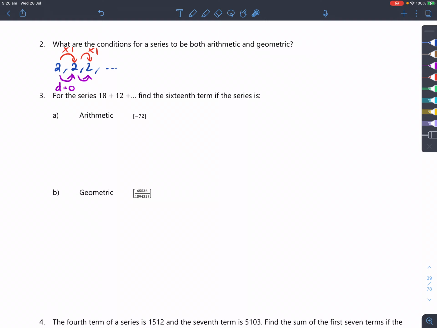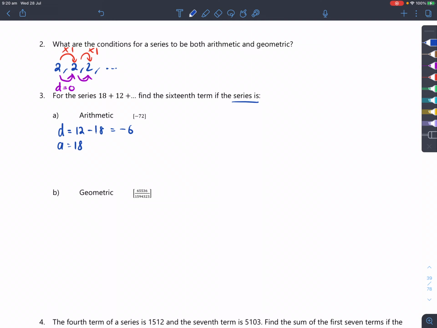Okay, let's go on to question 3. For the series 18 plus 12 plus something, find the 16th term if the series is arithmetic. So this can be possible only if they give you 2 terms. If it's arithmetic, that means D is going to be term 2 minus term 1, which is minus 6. Okay, now A in this case is 18. It's always going to be 18, the first term.